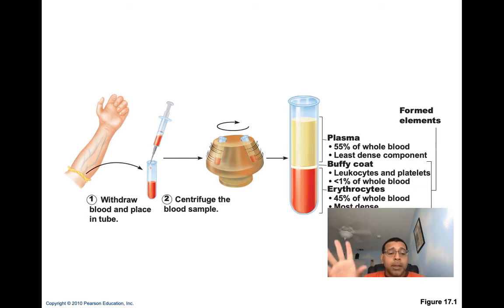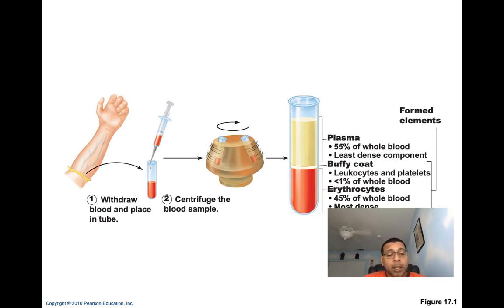The function of this life-sustaining fluid is that it serves as a transport vehicle. This is the only fluid tissue found in the body. The components of blood are liquid and also cellular.